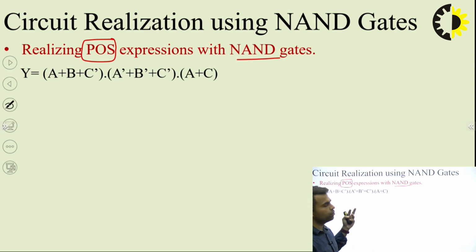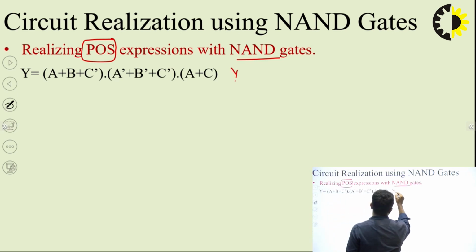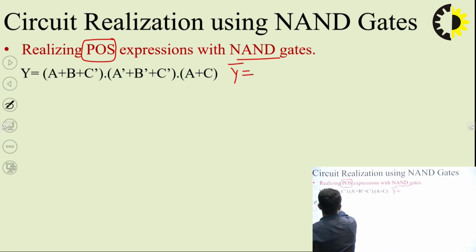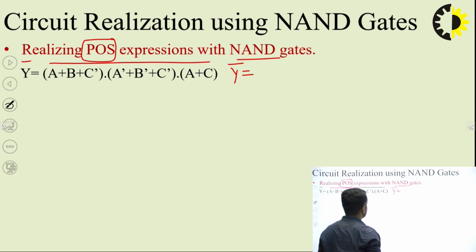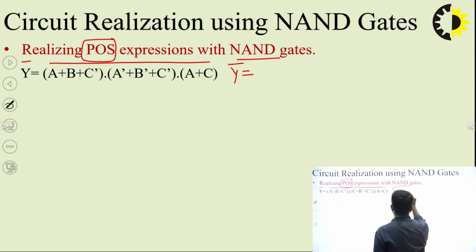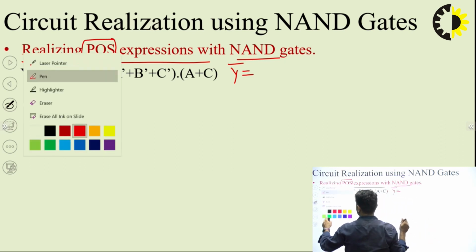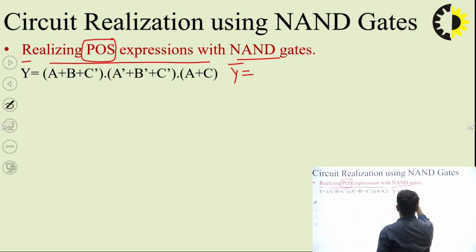So instead of going into that, we are computing the complement of this expression. That means we are computing the Y bar. So if we compute Y bar, that means I am doing this, and this Y will become Y bar. So if we do this, then the expression becomes A plus B plus C complement.